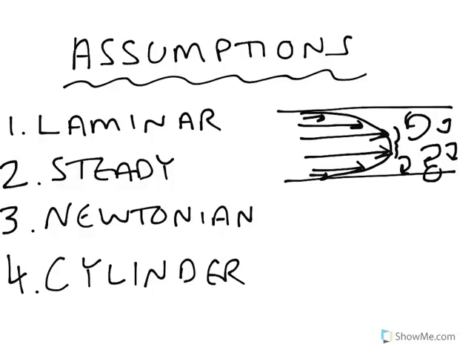So when we're thinking about the cardiovascular system, really the only assumption that holds well is this one. Blood is not a Newtonian fluid, it's not got steady flow, it's pulsatile, and it's not really undergoing laminar flow. Okay, but I'll put a question mark by that because some parts will be more laminar than others.